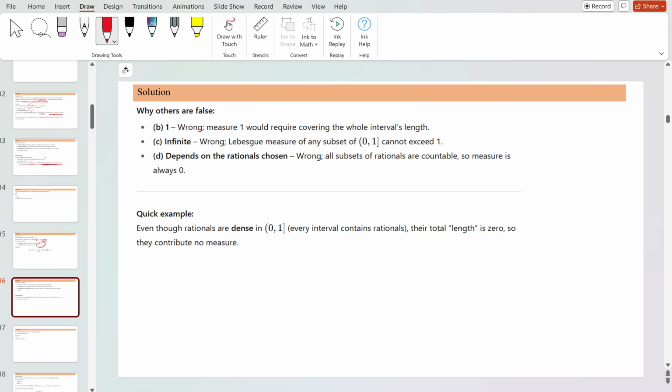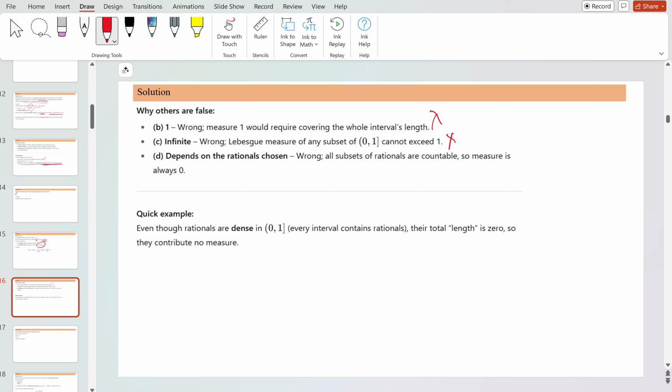Why are the other options not correct? One is wrong because it would require covering the whole interval length. Infinite is wrong because we are measuring a subset, which cannot exceed one.